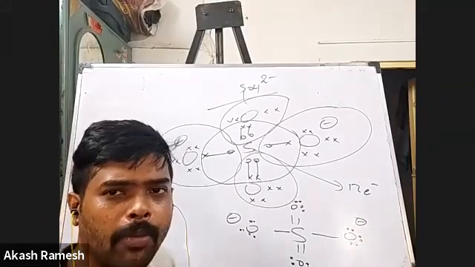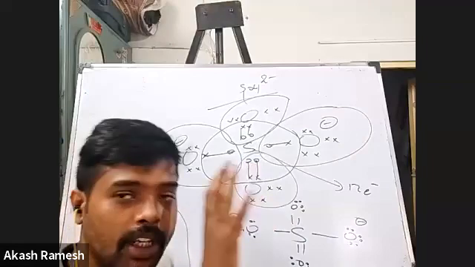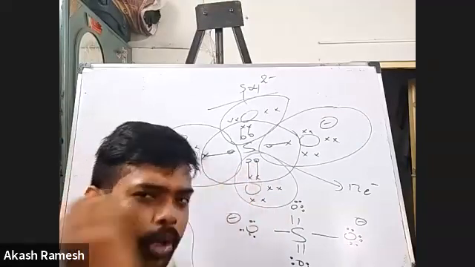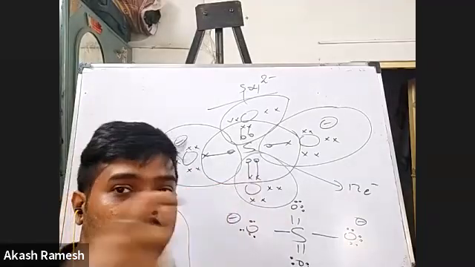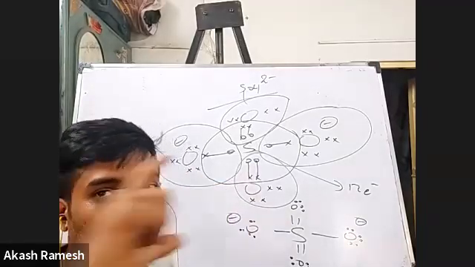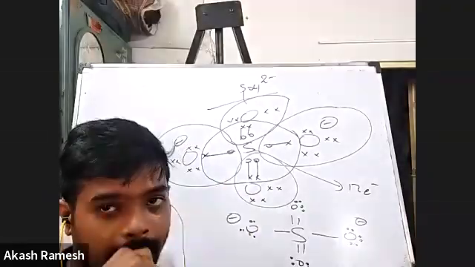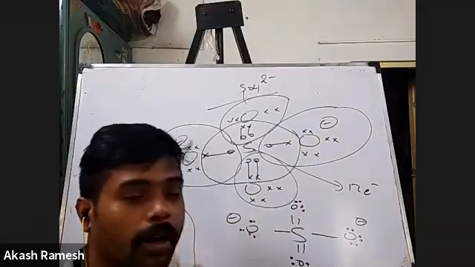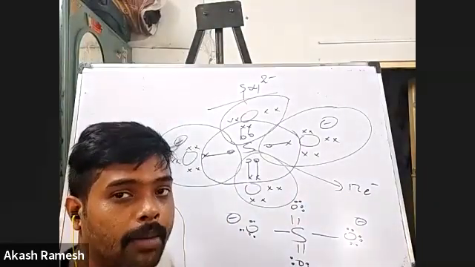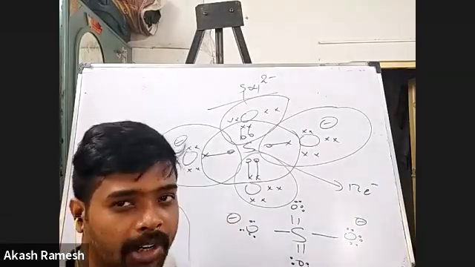So we'll speak more about this, guys. Now you can see that octet or duplet is not the only criterion, even though most compounds of second period elements follow it. First period is only hydrogen and helium. Second period is lithium, beryllium, boron, carbon, nitrogen, oxygen, fluorine, all that; they will generally form only octet.